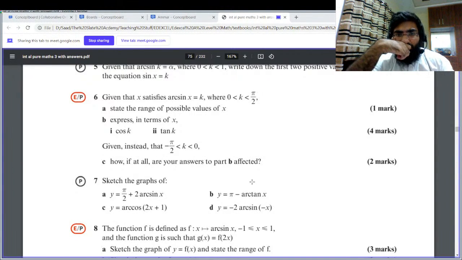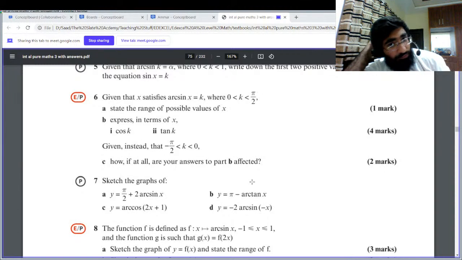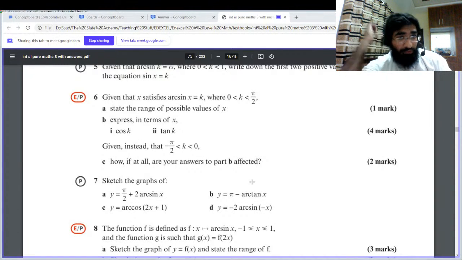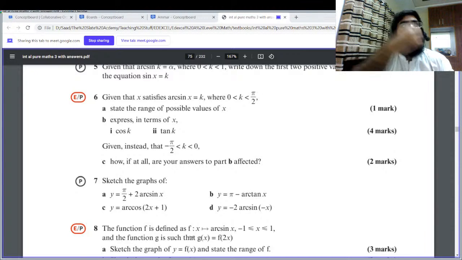No, maybe I don't remember. So we have to do it for what values? Have they given the domain? They haven't. So first of all, let's do the graph of 2 arc sine x.